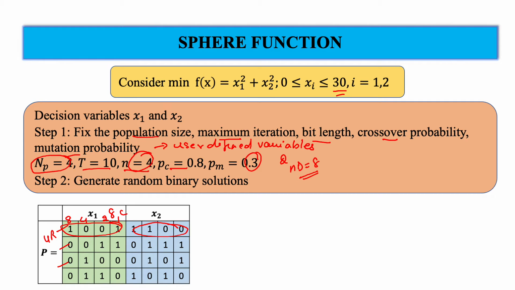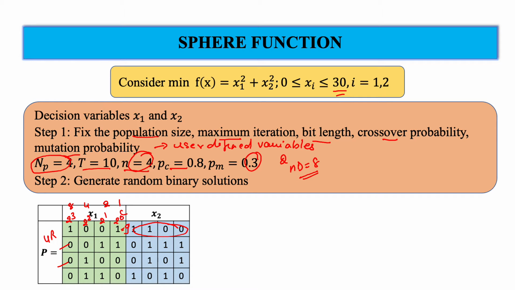How do we get it? We put 2 to the power 3 multiplied with 1, 2 to the power 2 multiplied with 0, 2 to the power 1 multiplied with 0, and 2 to the power 0 multiplied with 1, and sum all. So it is 8, 4, 2 and 1. 1 multiplied with 8 gives 8, and 0 multiplied with any quantity gives 0, and this is 1. So the x1 decoded value for this member is 9.